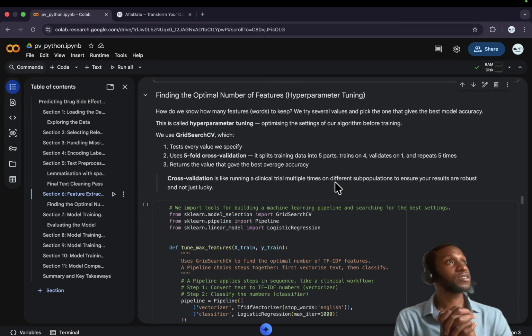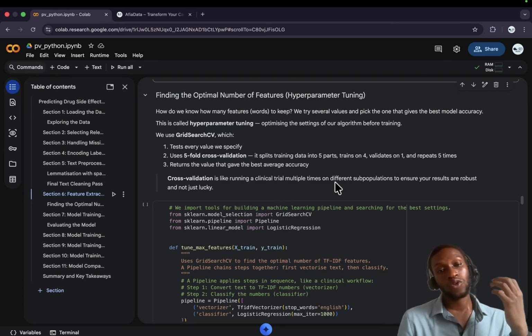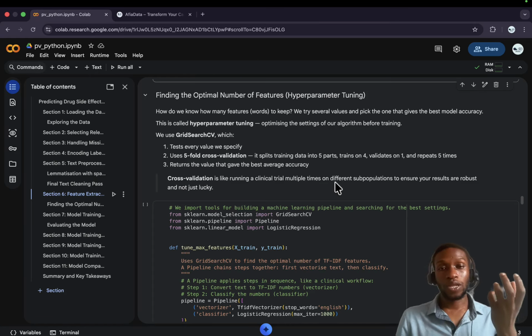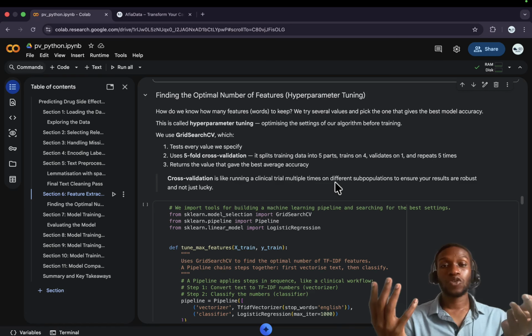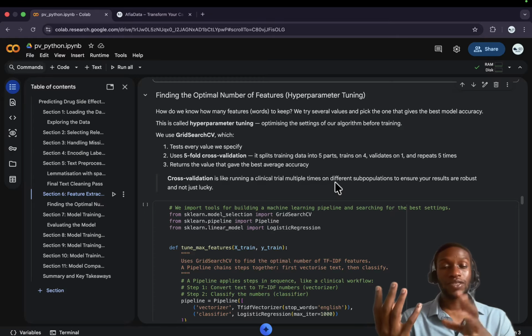So think of it like this. We have an algorithm over here, and we want this algorithm to help us convert text data into numeric format. But if we don't give it proper instructions, it will waste time and look at everything.